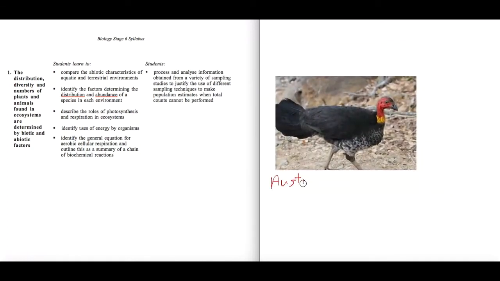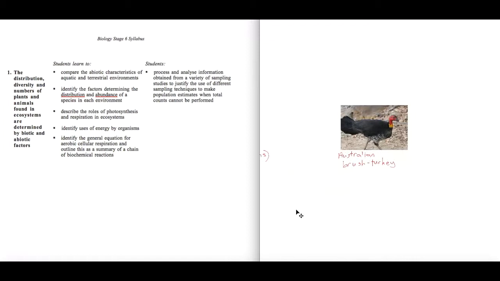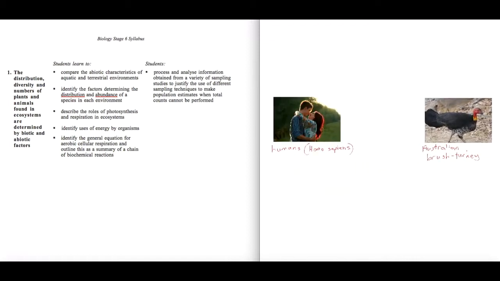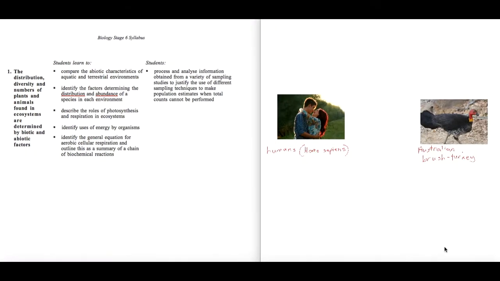Another example of a species is the Australian brush turkey. So with abundance, we're counting the number of individual organisms within a species group. So for example, we could count the number of individual humans within a particular area, or we could find the abundance of brush turkeys by counting how many individual brush turkeys are within the area.